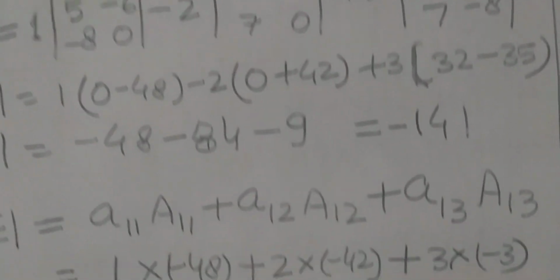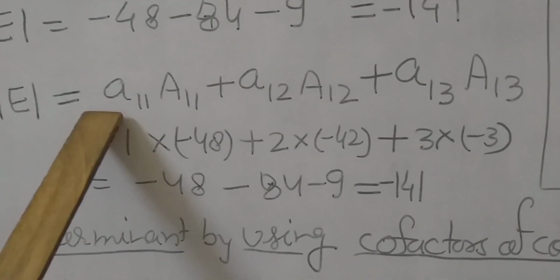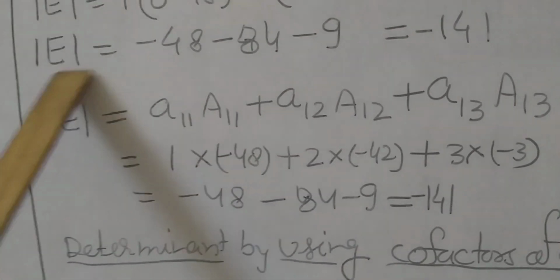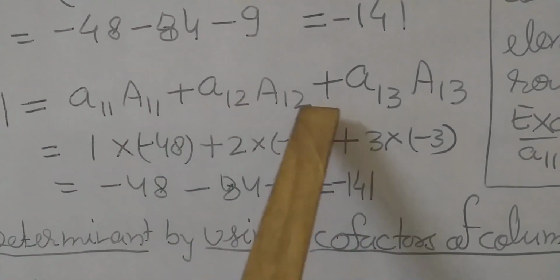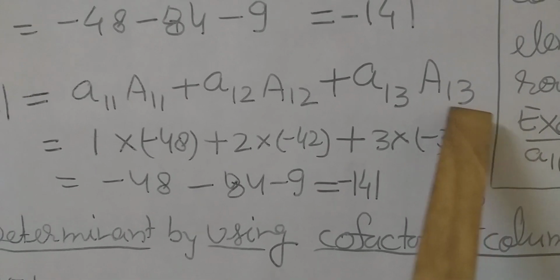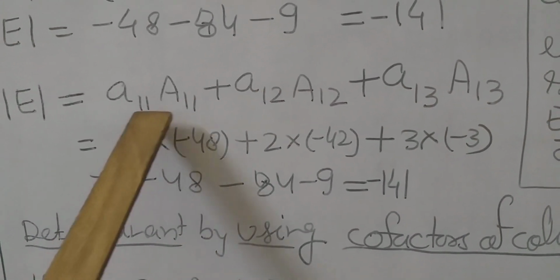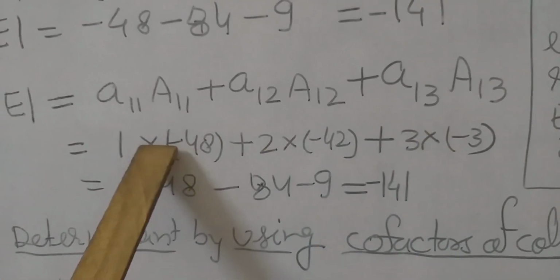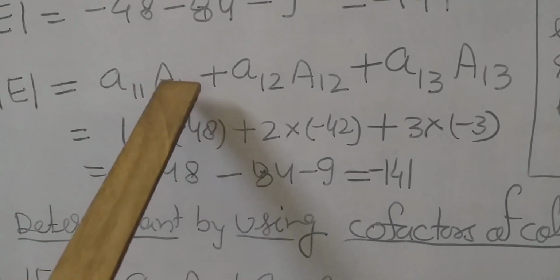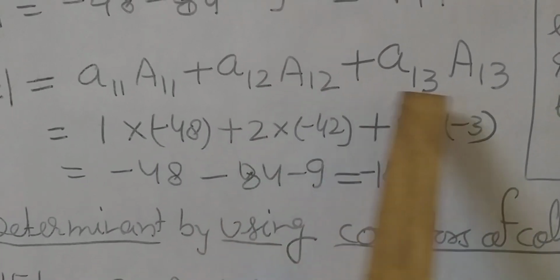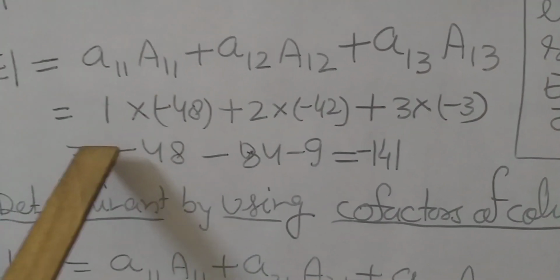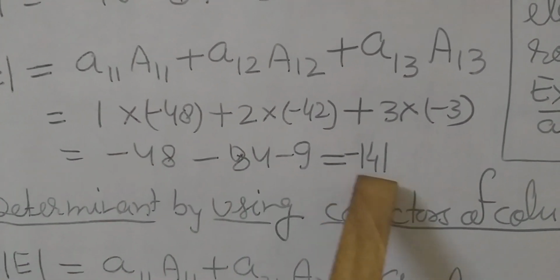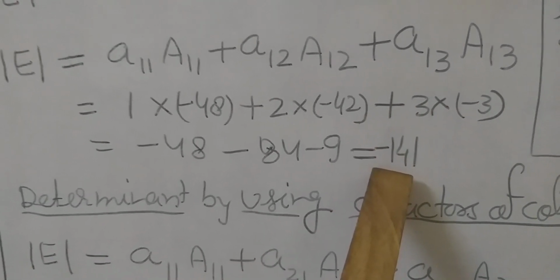And we can get the value of the determinant by using cofactors: the sum of the products of elements of any row or column with the cofactors of the same row or column gives us the determinant of the matrix.